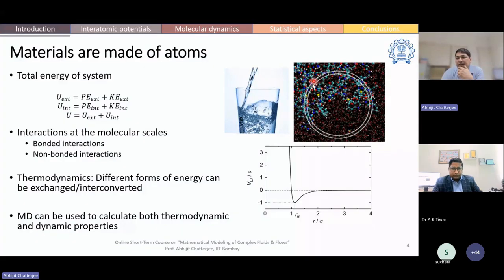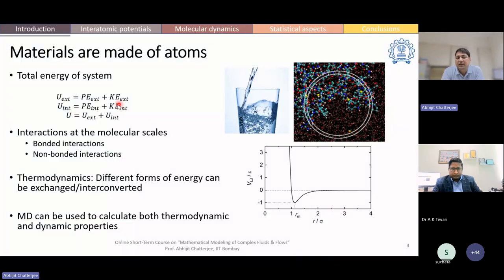And what you would find is internally, the molecules would be vibrating and colliding with each other, and there will be some motion of these molecules. So this internal energy is something which we would like to compute with molecular dynamics.